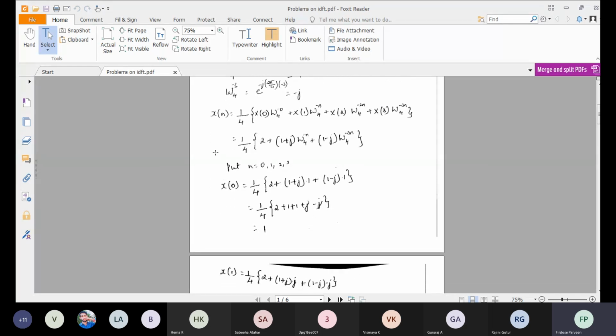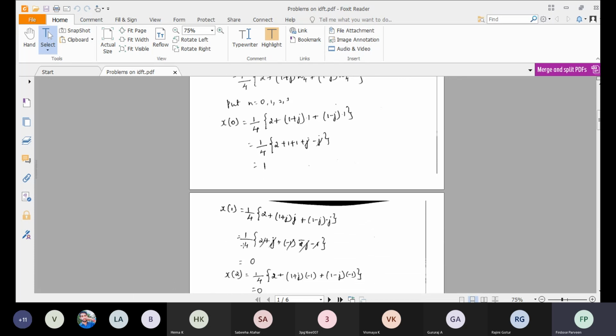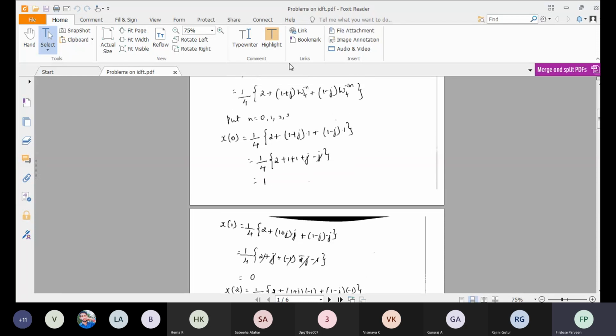In the same way, in this equation, you substitute for n is equal to 1. So when you substitute for n is equal to 1, x of 1 is equal to 1 by 4, 2 plus 1 plus j into w4 to the power of minus 1 plus 1 minus j w4 to the power of minus 3. So substitute for those things, what you will be getting? You will get 0. In the same way, put n is equal to 2 in this equation, you will get x of 2.